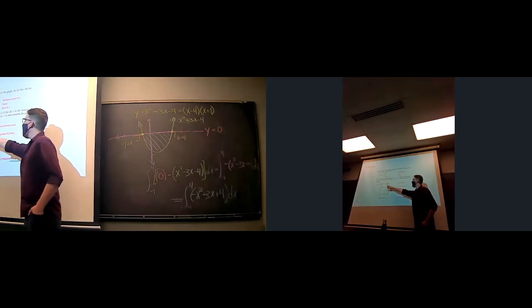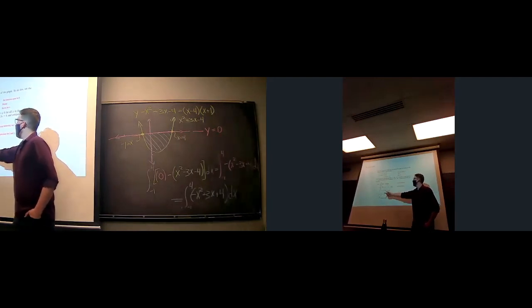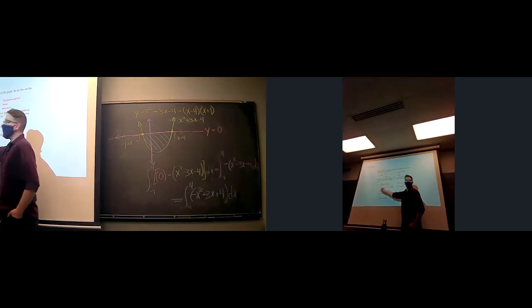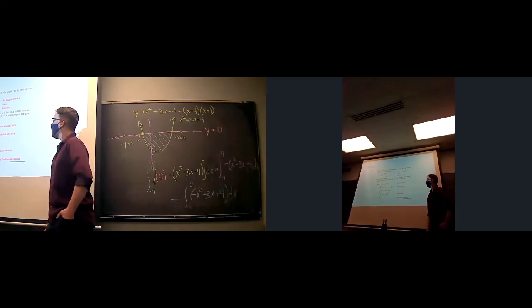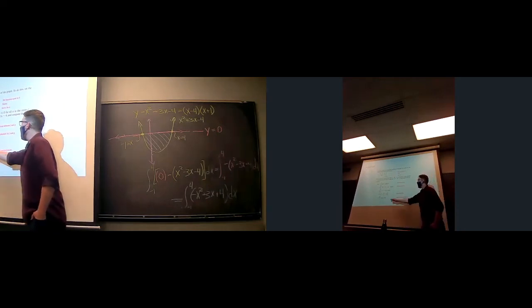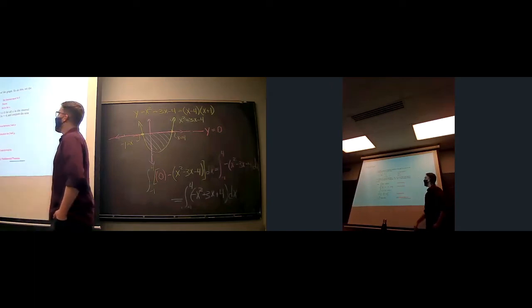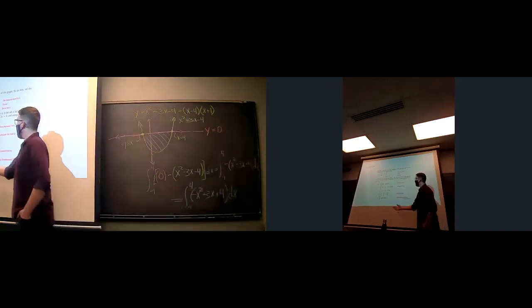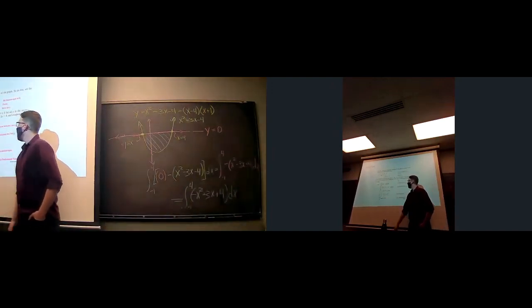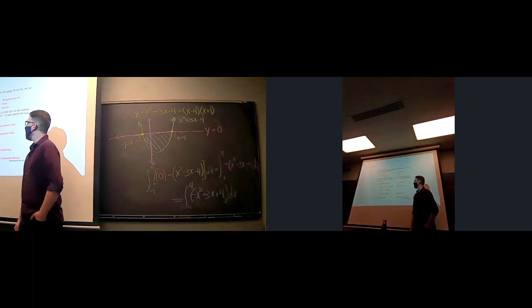Rewriting this as f of x minus g of x. F of x is going to be 0 minus g of x. G of x is going to be x squared minus 3x minus 4. We're integrating all of this with respect to x. Rewriting now our integrand, we get negative x squared plus 3x plus 4.